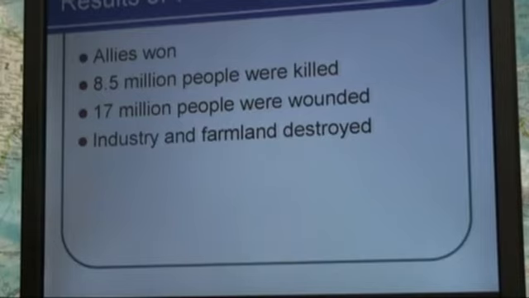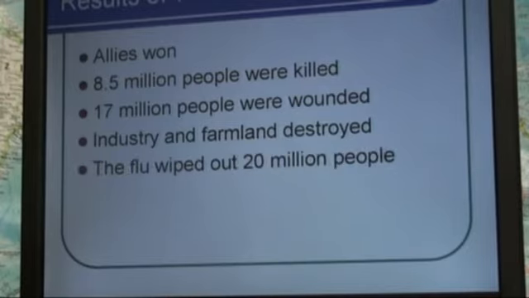Entire cities were wiped out. You had to rebuild your cities to reclaim those jobs that were lost. And then a devastating flu epidemic came throughout the world and wiped out 20 million people. So more people died of the flu than of bullets.